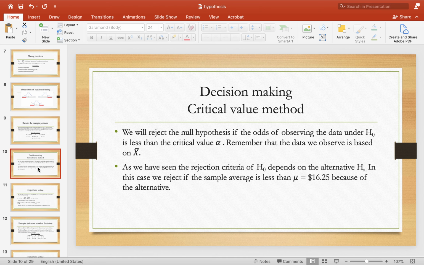So this is called the critical value method, and we're going to reject the null hypothesis if the odds of observing the data under H0 are less than the critical value of alpha. Remember, the data we observe is based on our average x bar, which estimates our population mean.